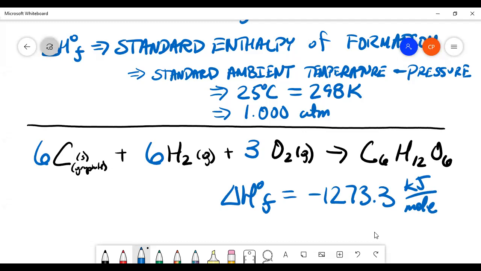This tabulation of standard enthalpies is a very powerful thing. We can use it not merely to predict these highly theoretical reactions. Most of you know that we don't typically generate glucose by combining pure carbon and pure hydrogen and pure oxygen.